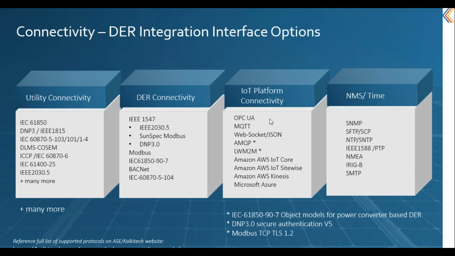For other industrial IoT platforms, data can be exposed over the OPC UA standard or MQTT, WebSocket, AMQP, or lightweight M2M protocols. We also support a few NMS or time synchronization protocols for network management and time management options. So these are the interfaces for the southbound and northbound from the aggregator and gateway product line.